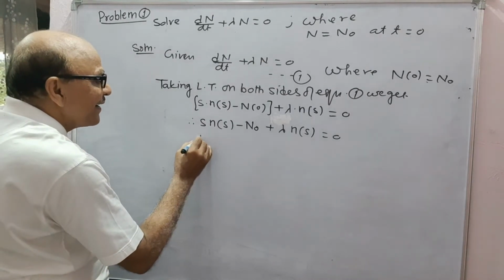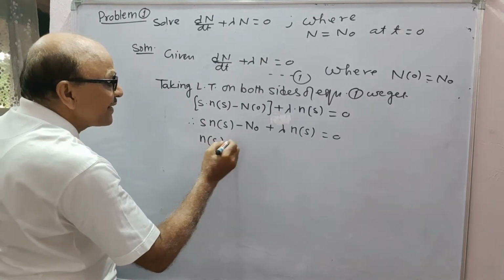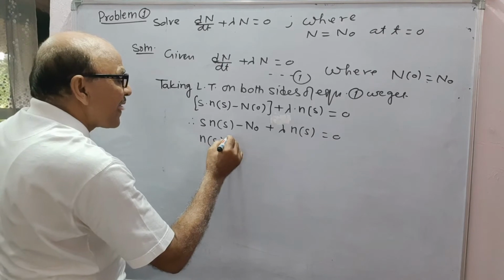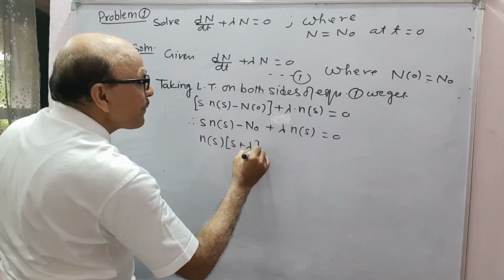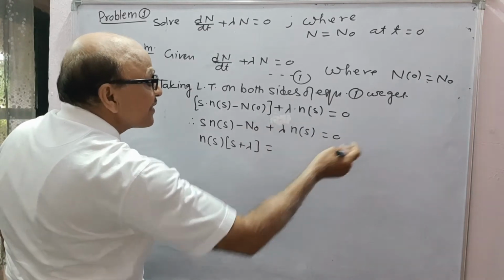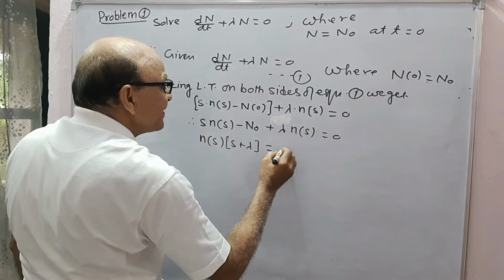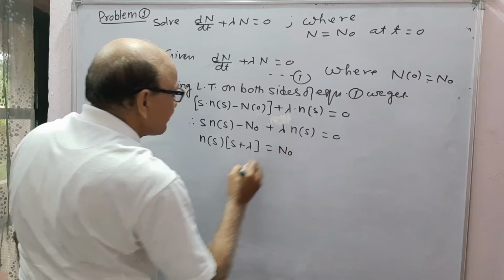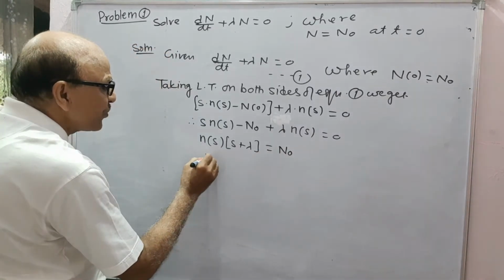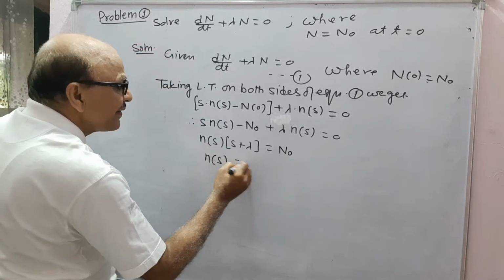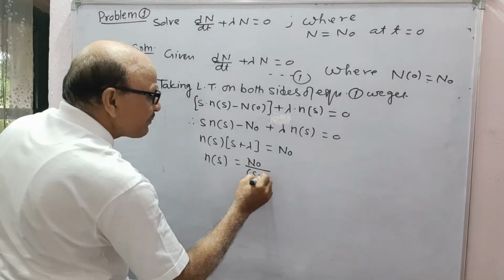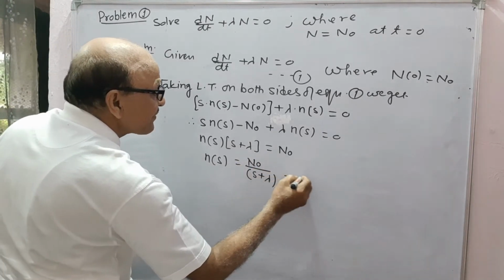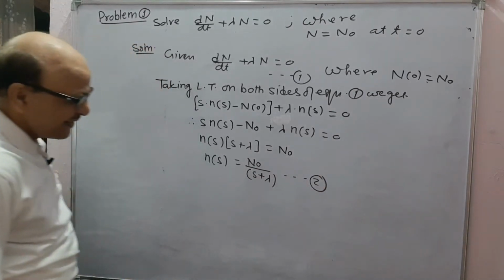Now ns may be taken common, we get s plus lambda, and this goes to the right hand side giving n naught. Therefore ns will be equal to n naught upon s plus lambda. This is equation 2.